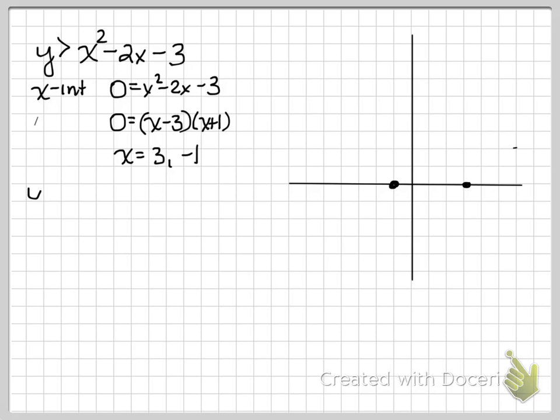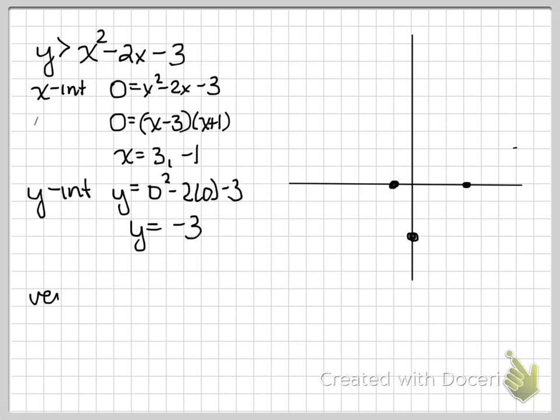My y-intercept, I put 0 in for x, and I get y equals 0 squared minus 2 times 0 minus 3, so y equals negative 3. So I'm going to put a point there. Now find my vertex. Vertex is found by using your x-intercepts to find the point in the middle.